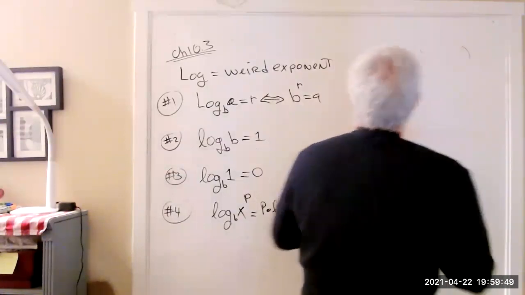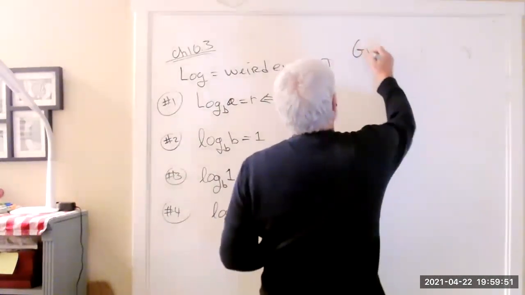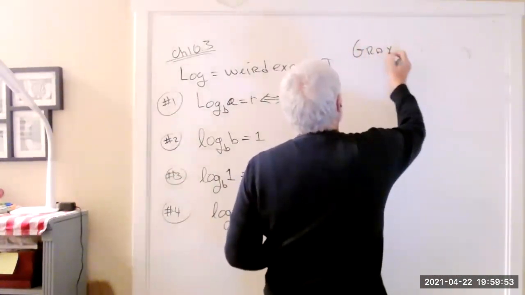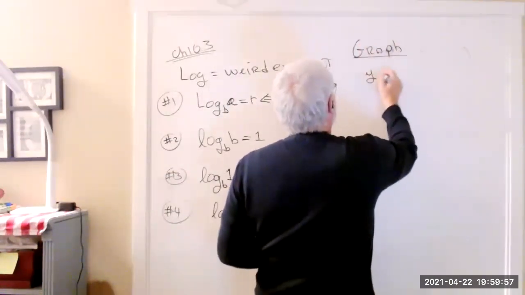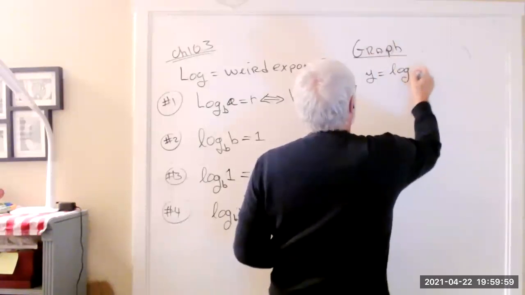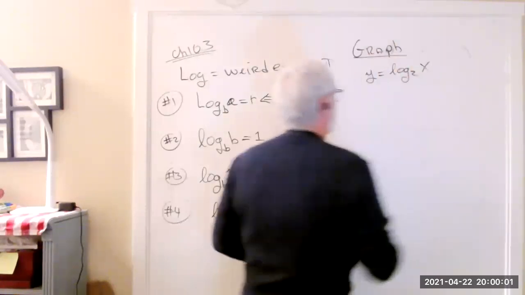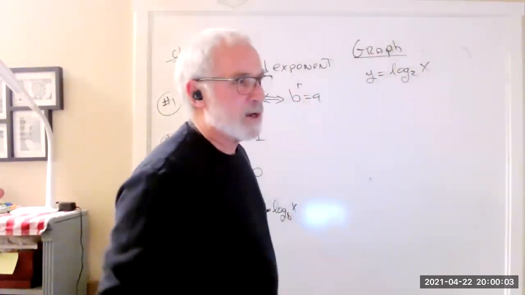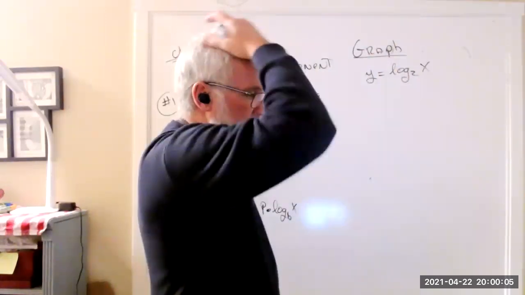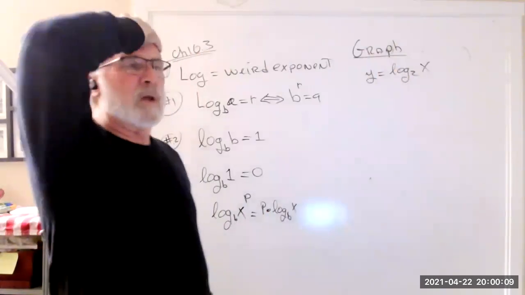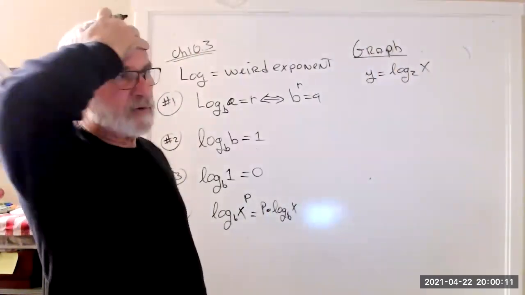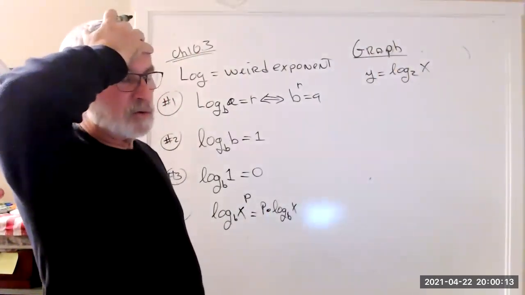Okay, I want to graph y equals log base 2 of x. I want to make a graph of that. Now, you could be like Mitch and go to Desmos and graph it, and it'll do it for you.